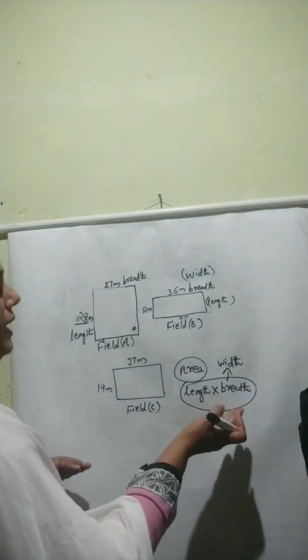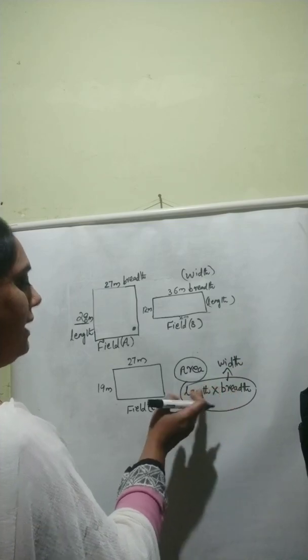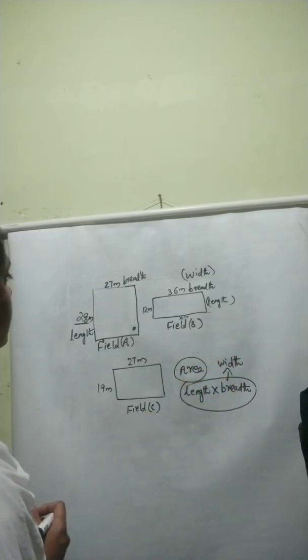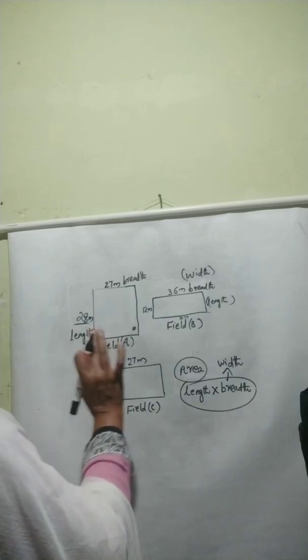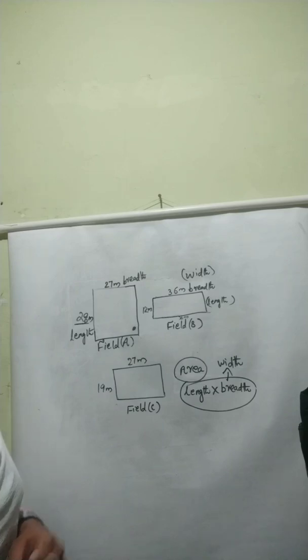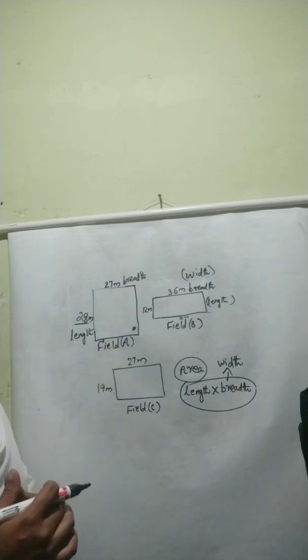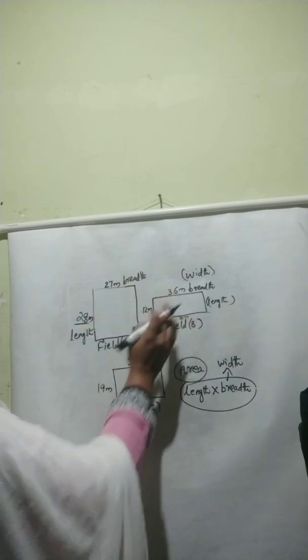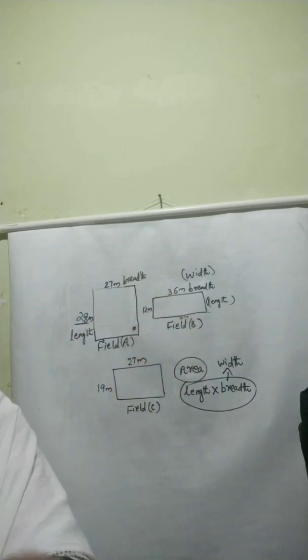When we multiply length with breadth or width, we will get the area of that room or the area of this field. Here these are fields, 3 fields are there. We have to find the area of these 3 fields. How can we find out?